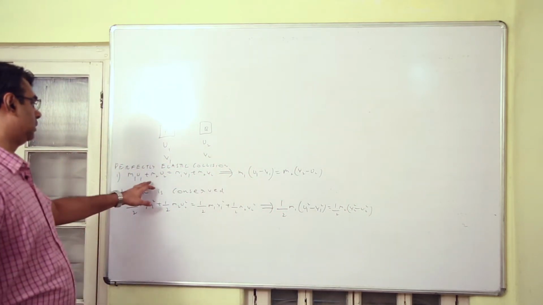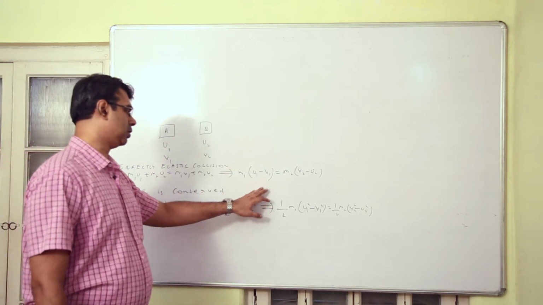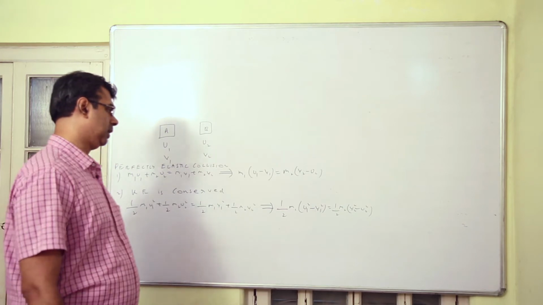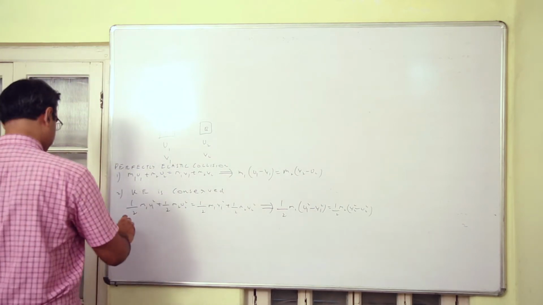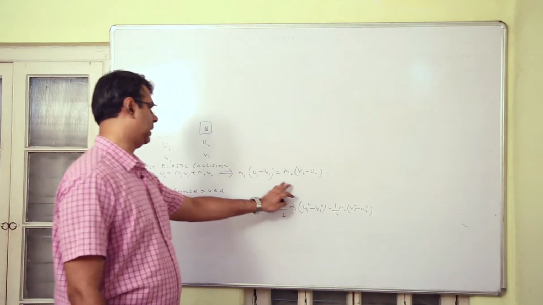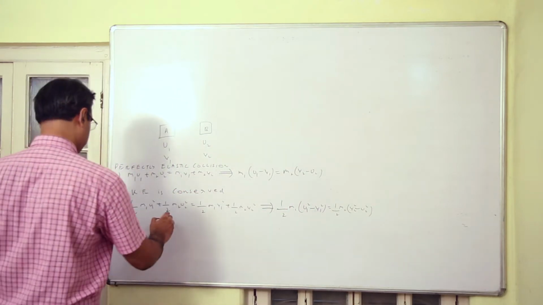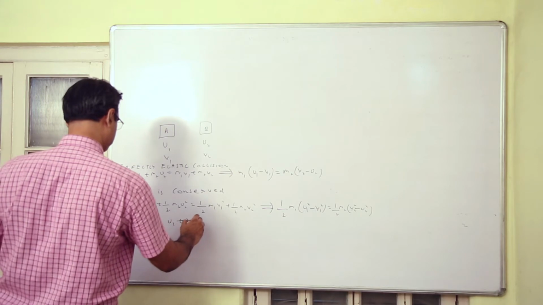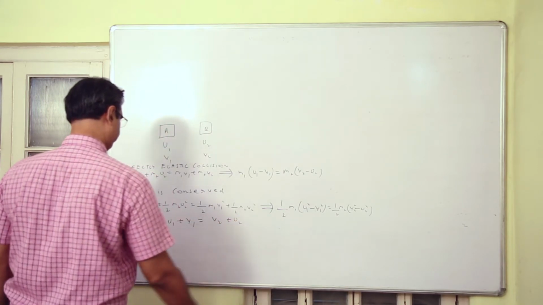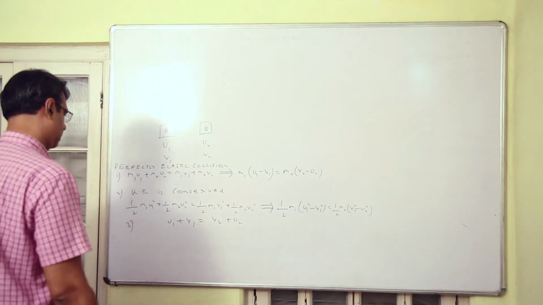So the conservation of momentum equation can also be written like this. Conservation of kinetic energy equation can be written like this. Now if you divide the second equation by the first equation, you will get u1 plus v1 equal to v2 plus u2.